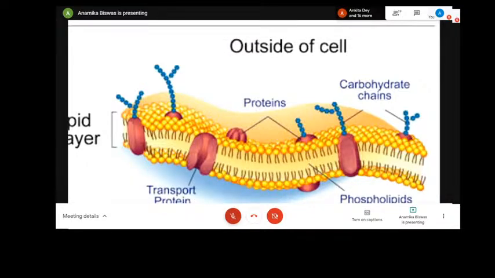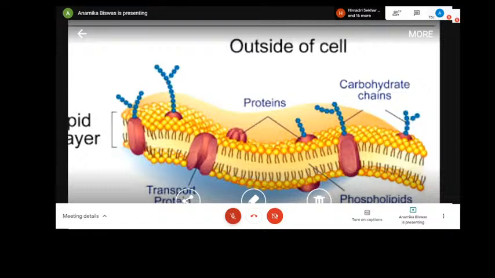That means polar head. First is the lipid structure. When you describe the lipid structure, it has two ends. One is polar hydrophilic end and another is non-polar hydrophobic end. You can assume hydrophilic means water loving ends.